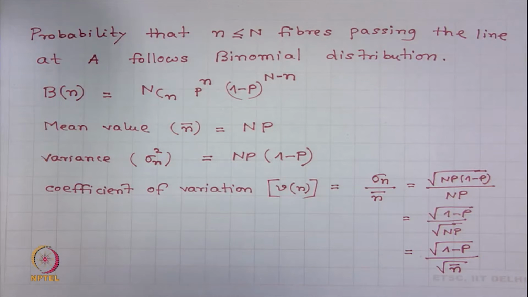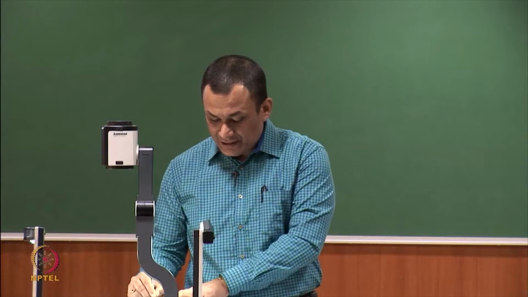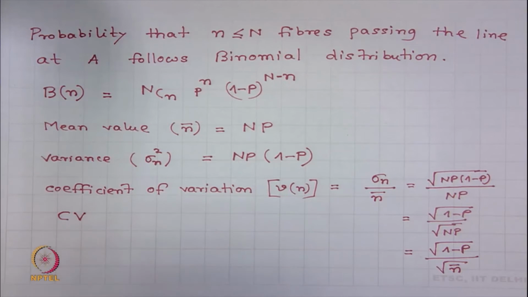By the way, we often abbreviate coefficient of variation as C v. So, C v stands for coefficient of variation.